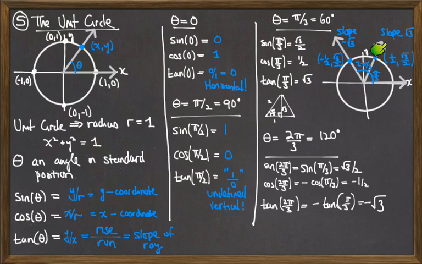This line is increasing. However, the line determined by this ray is now a decreasing line. As I move over, I go down that ray, and therefore the slope should be negative. On the other hand, I have to divide the y value, which is positive, over the x value, which is negative, and that ratio should be negative. So that's why I'm getting negative root 3.